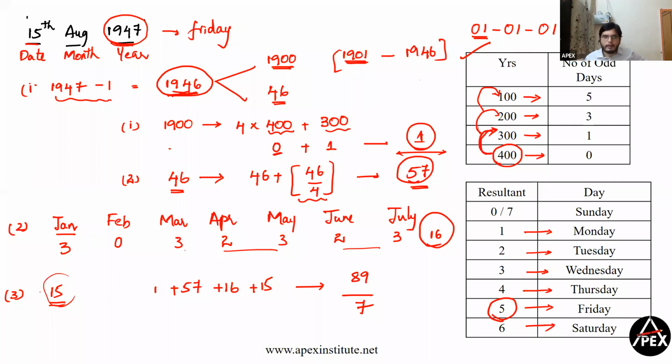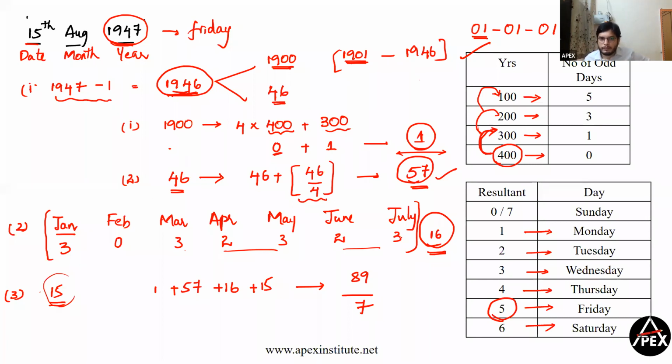Now we are calculating odd days from Jan to July. We took completed months, so from Jan to July we have calculated the odd days: 16 odd days from Jan 1st 1947 to July 31st 1947.